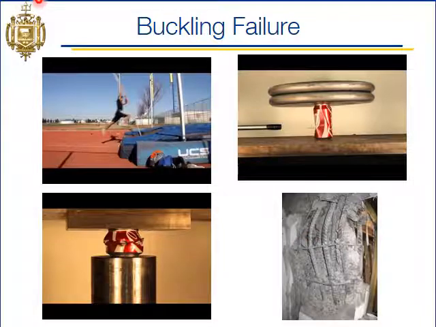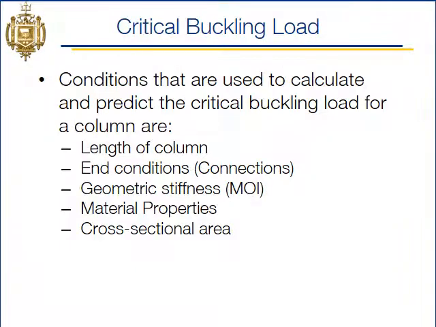The load that causes a column to buckle is called the critical buckling load. We are able to calculate that critical buckling load with these factors that we have shown here. If we know the length of the column, the type of end conditions or connections that the column has, the geometric stiffness or moment of inertia, which we have just covered, the material properties, and the cross-sectional area, we can use all that to calculate our critical buckling load.